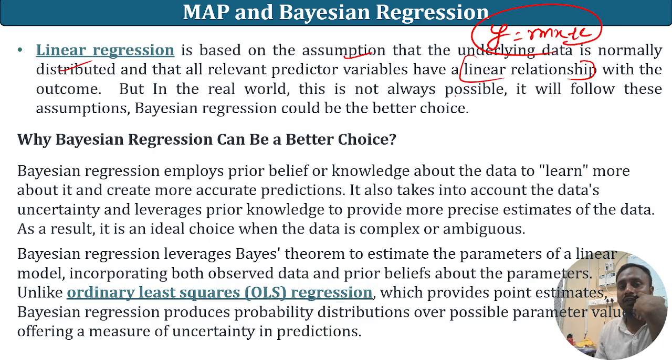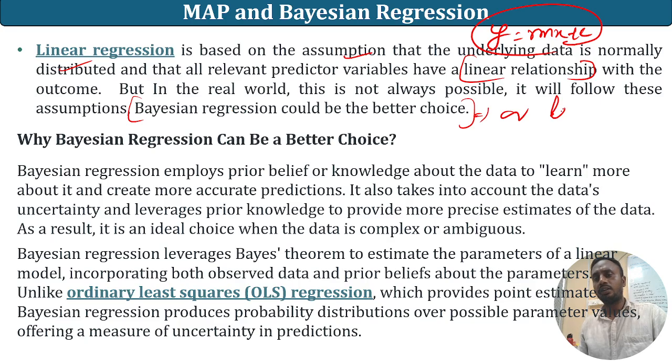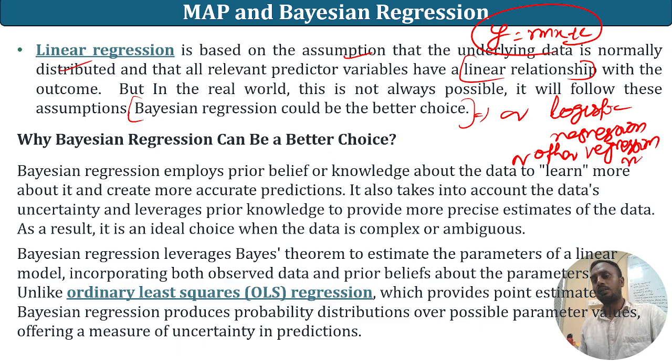There will always be some sort of non-linearity. So we have to go either with Bayesian or with logistic regression or other regression models.